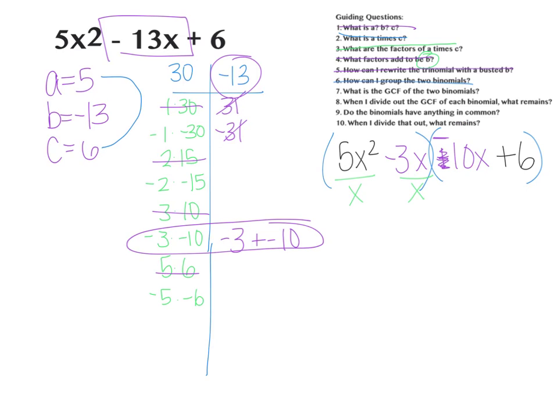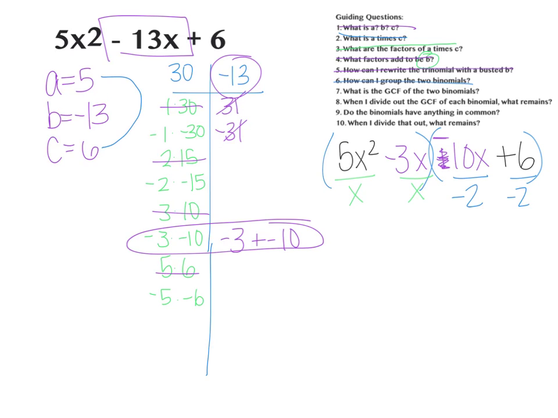So when I look at 10 and 6, I see that they have a 2 in common. And so instead of just taking out the 2 that they have in common, I'm going to make it a -2. Again, because this is a negative value, the first term. I don't care about the second term, but the first term. So I'm going to divide out a -2 from both of those because that's what they share.